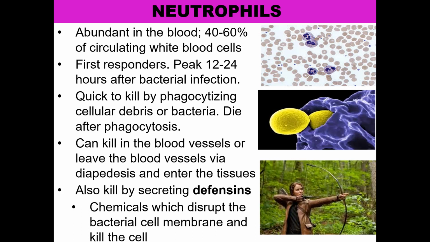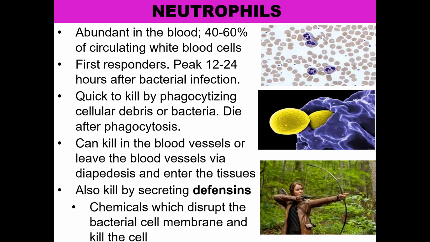Neutrophils can kill in the blood, but remember, they have this superpower called diapedesis, which means they can leave the blood and enter the tissue and then kill in the tissue. They also secrete defensins. Defensins are antimicrobial proteins that disrupt the bacterial cell membrane and kill the cell.